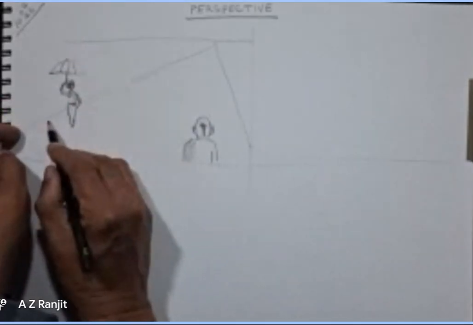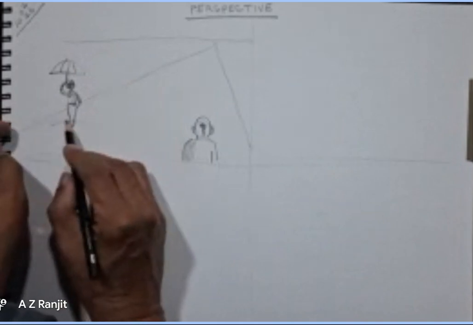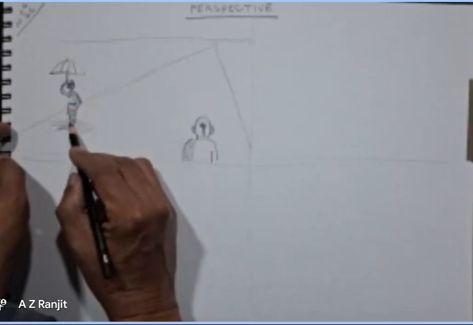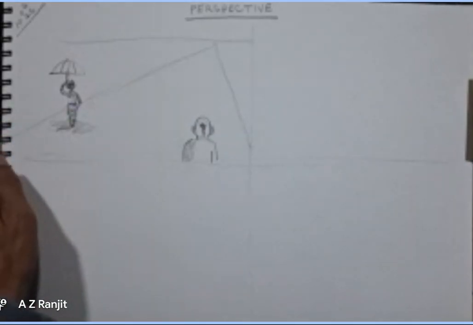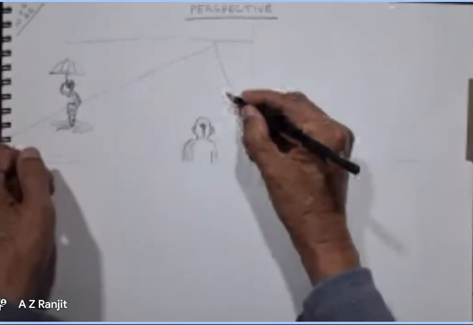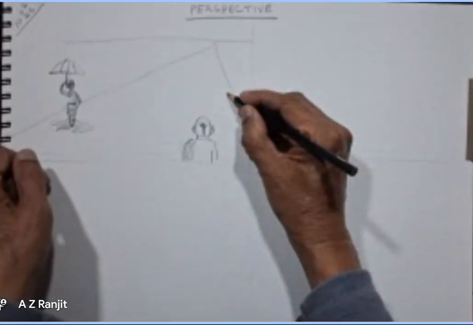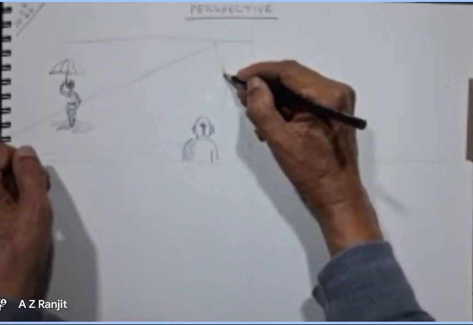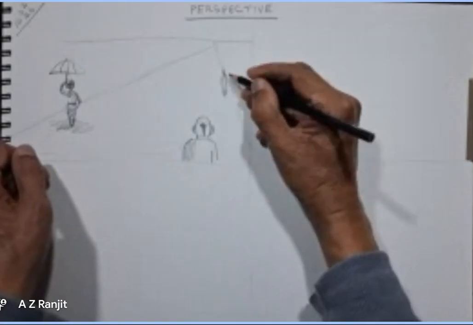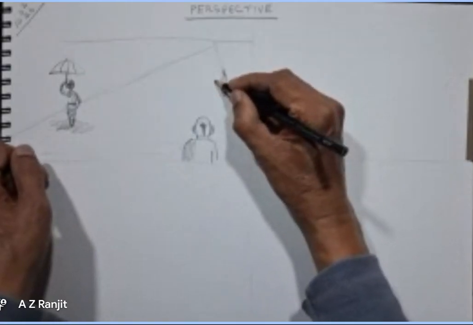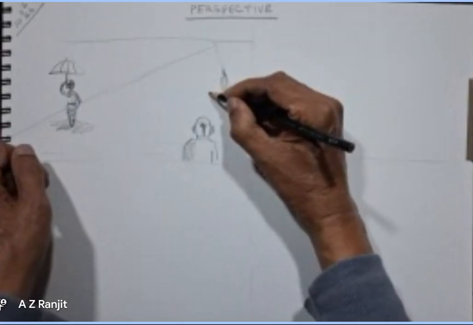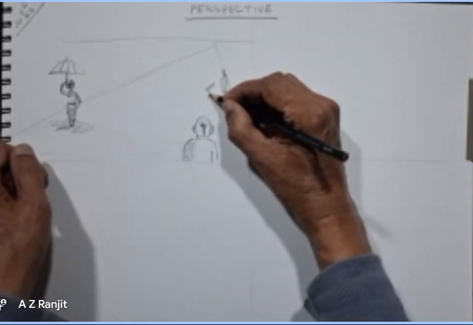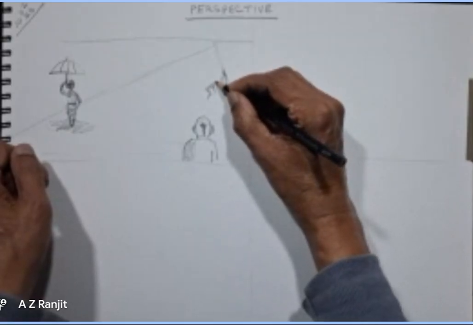That person is standing there. The light is right above. Okay? There is somebody standing here, and somebody is standing here trying to take something from the ground.